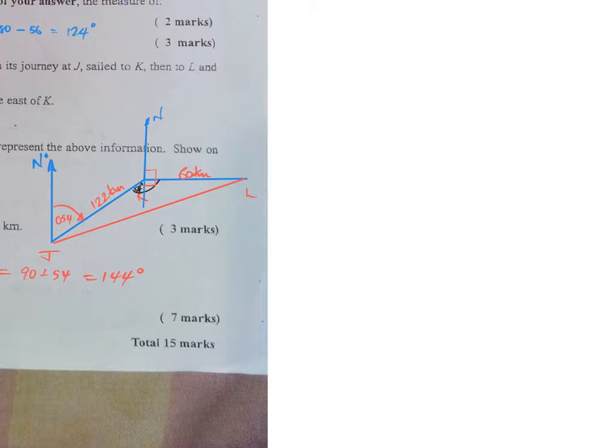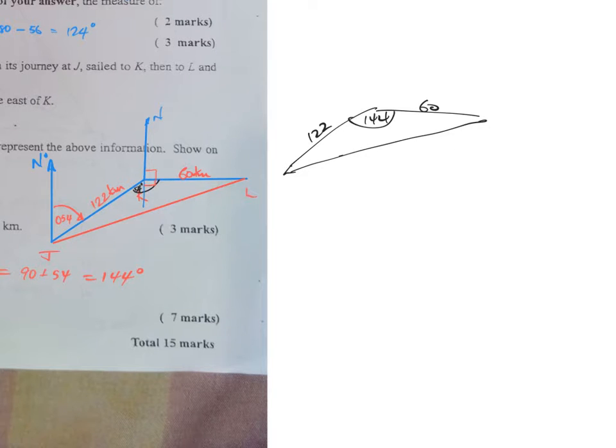I don't know if you want me to sketch. Let me just sketch the triangle out again so that you can see it. So what we've got is something like that. We've got 122 there, 60 there, 144 in the middle there, and we are now finding this length there.